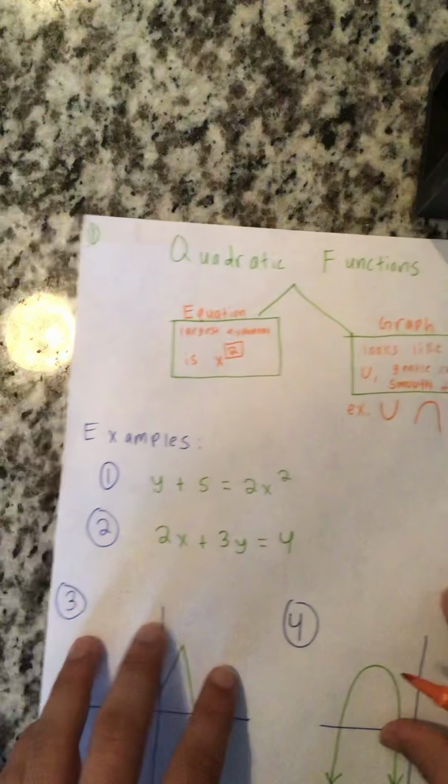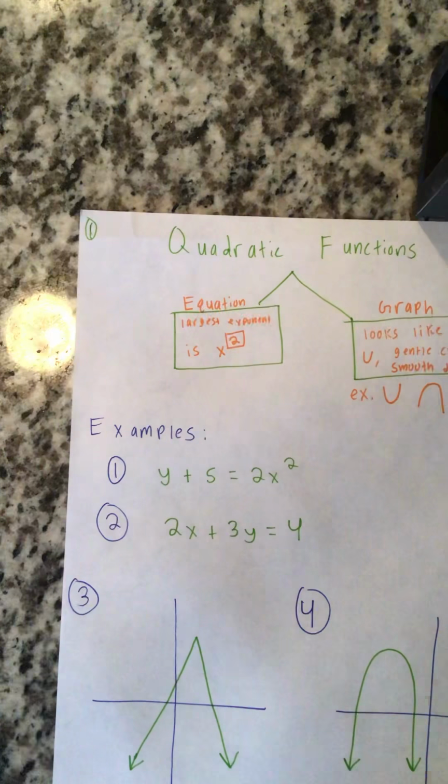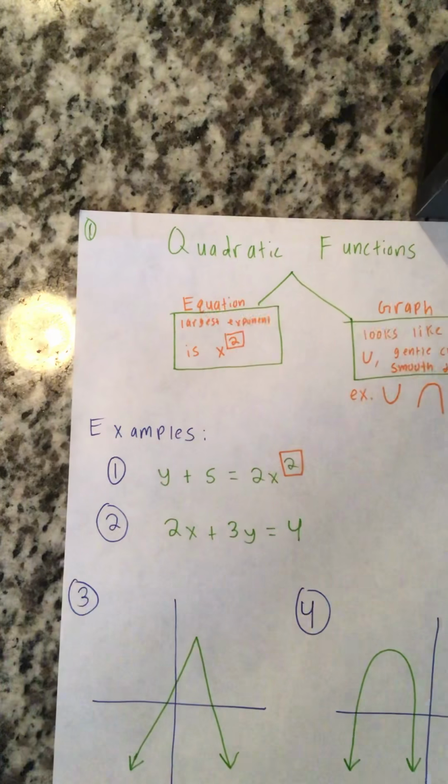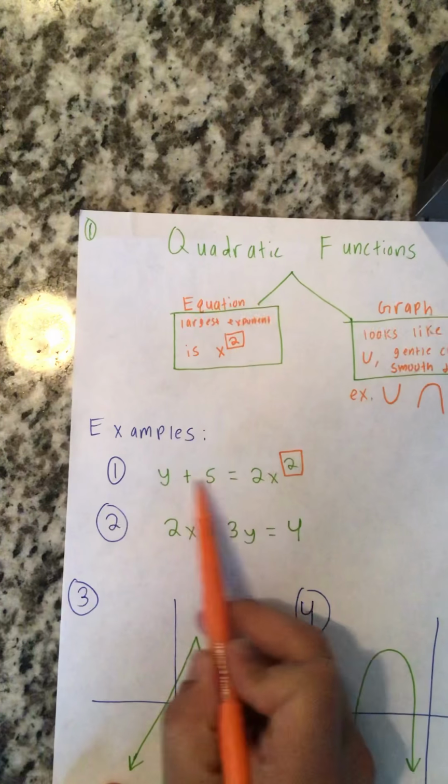So let's look at some examples. For number 1, I have y plus 5 equals 2x squared, okay? To know if it's a quadratic or not, we look for the largest exponent. The largest is this 2. That is the biggest exponent. These don't have exponents.